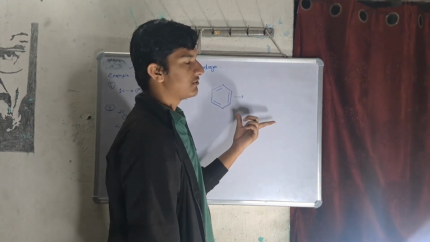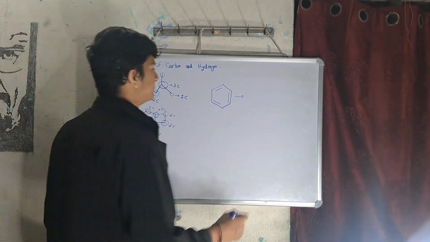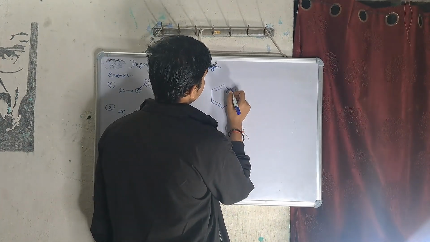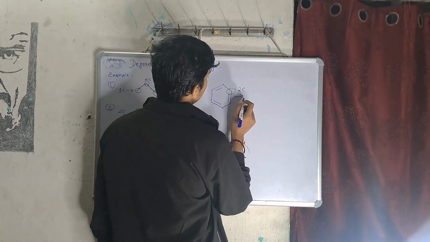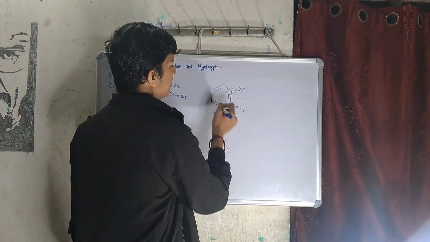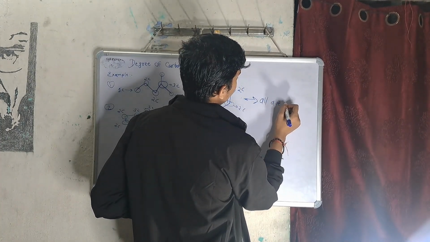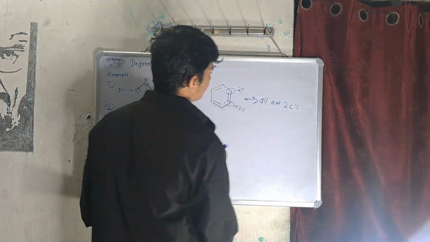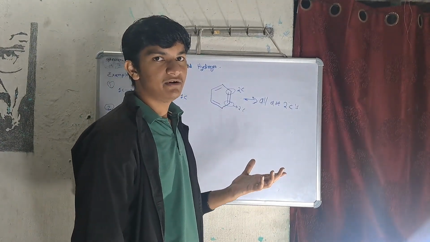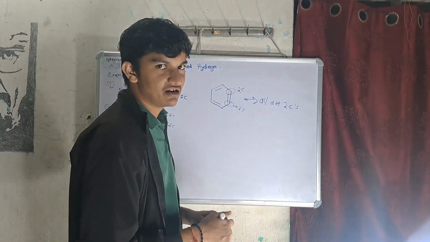Similarly, we have to calculate the degree as we did in these examples. Here this carbon is surrounded by 2 carbons, so this is 2 degree carbon. This is also 2 degree carbon. Here all are 2 degree carbons. Apart from double bond and triple bond, we have to ignore aromaticity and non-carbon functional groups.